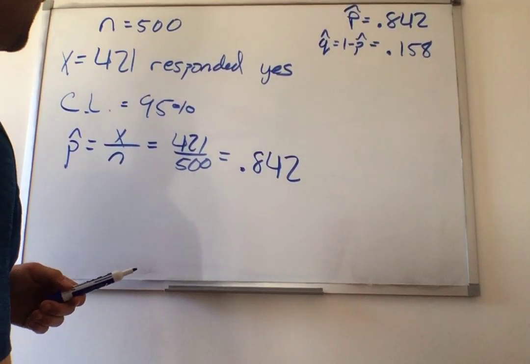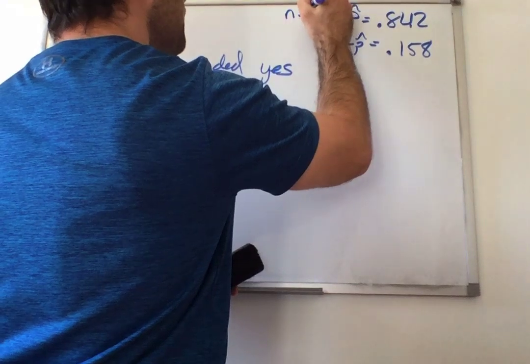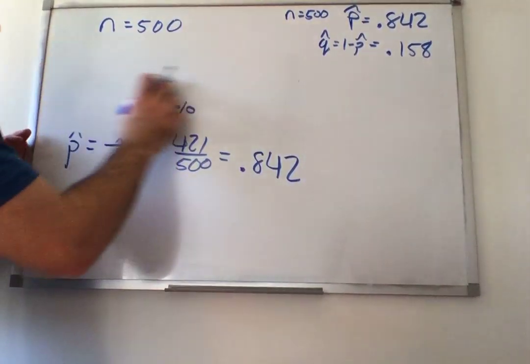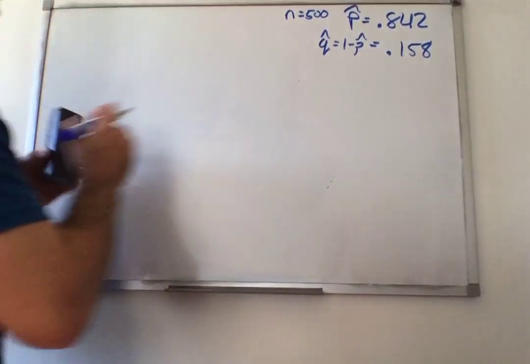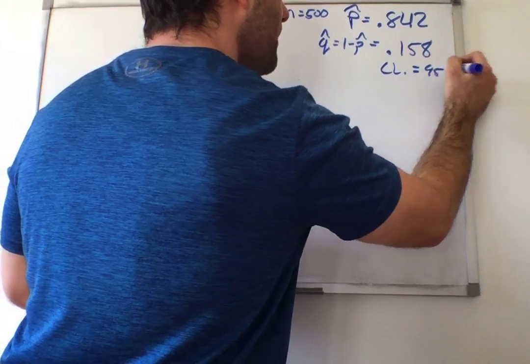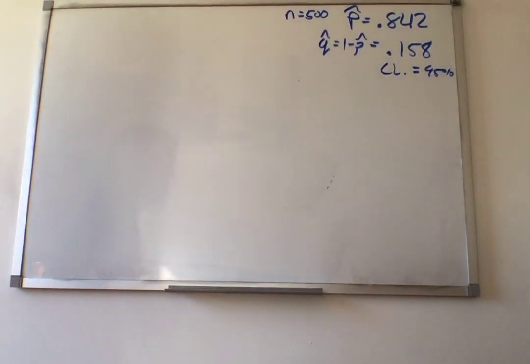We still need N. N is equal to 500. We don't need this anymore. We'll need our confidence level. So confidence level is equal to 95%. So that's all the relevant information we need right now.